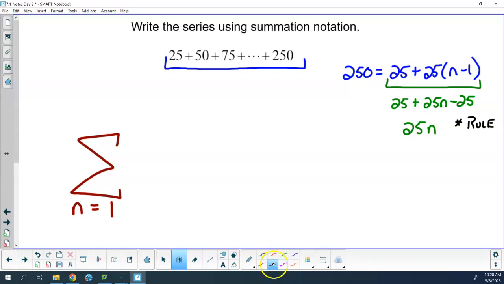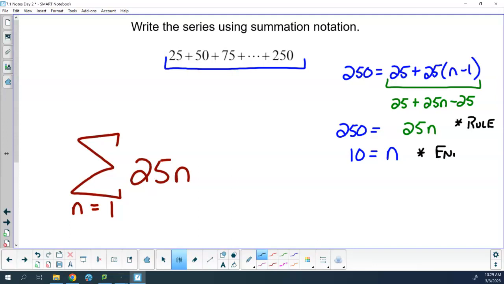So that would go here. The second way is now I bring that 250 into play, which means that n here would be 10. That means that 250 is the 10th term, so that is my end number.